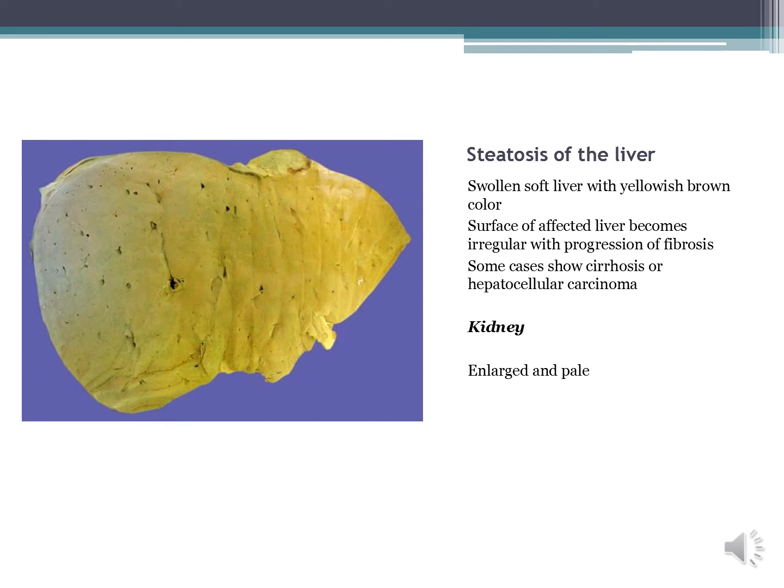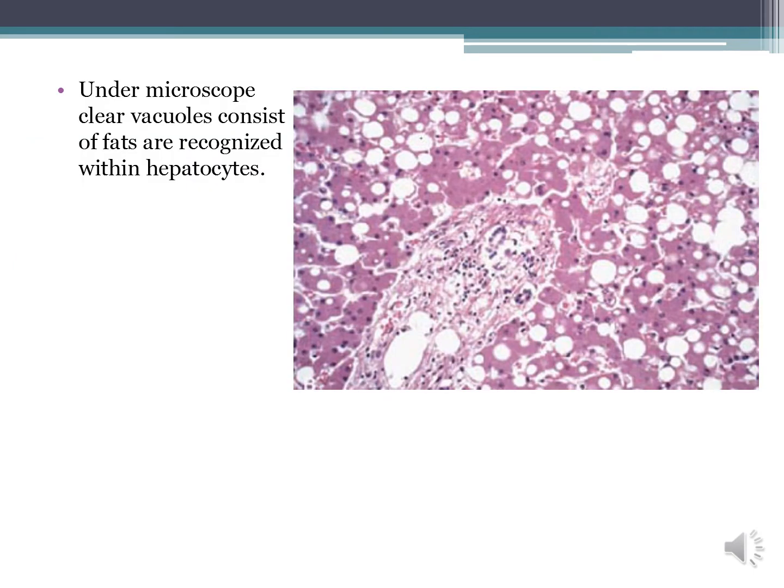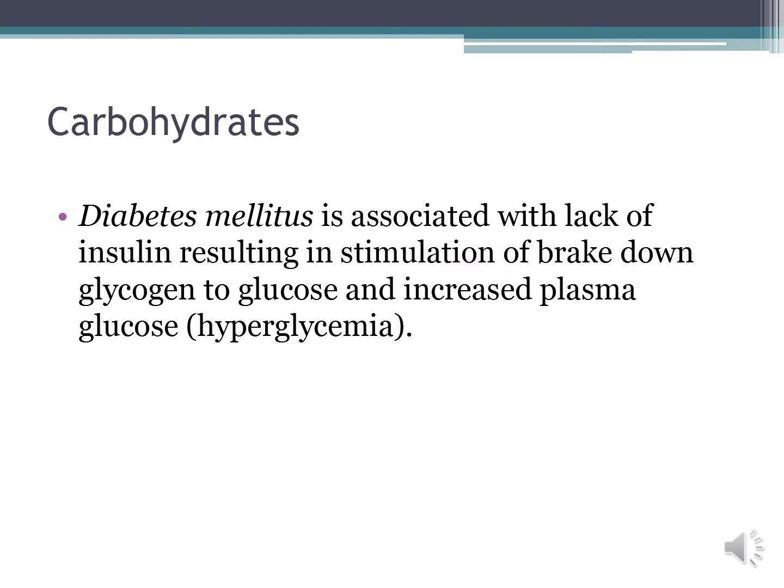The kidney, in case of steatosis or fatty disease of the kidney, is also enlarged and pale. Here, the tissue sample of the liver in case of fatty liver disease. We see under the microscope clear vacuoles consisting of fats which are recognized within hepatocytes.